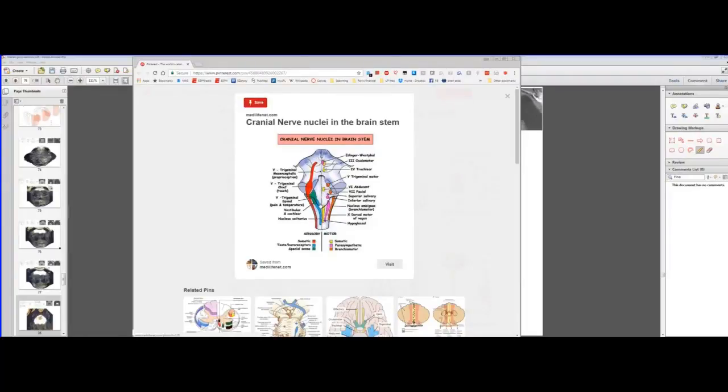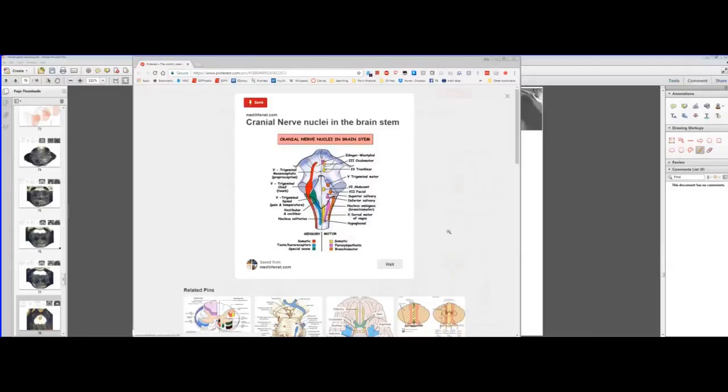The other point I wanted to make is that if you slice like this, you're going to see, for instance, the trigeminal in so many places. And in the green we have the vestibular nuclei, which you'll see in a number of sections as well. And then you have the nucleus and tractus solitarius.